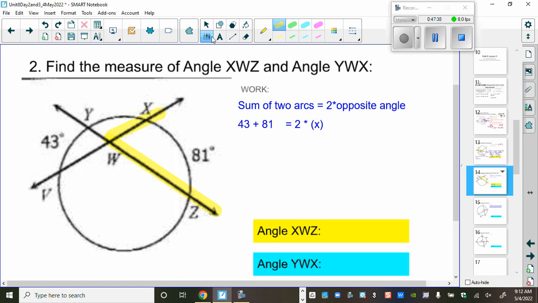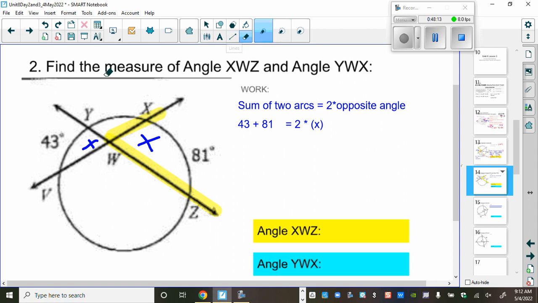Now, we don't know that one, but we do know that 2 times your angle measure is going to be the sum of these 2 arcs. So I kind of gave that to you here.